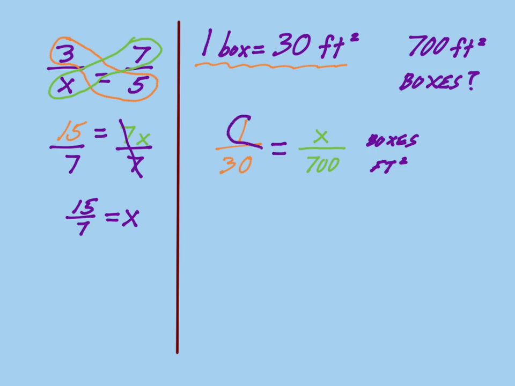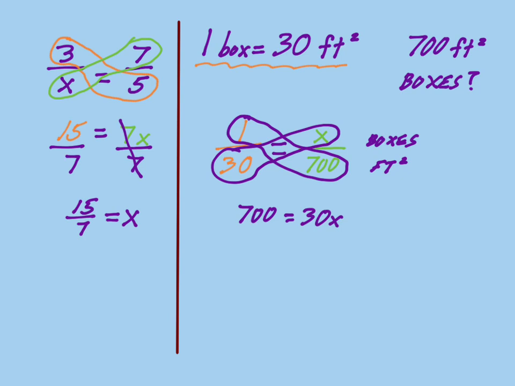Now if I cross multiply this, 700 times 1 is going to give us 700. And 30 times x is 30x. Now, to solve this, I'll have to divide by 30. And so x will equal, let's see, those zeros would go away, and it would turn out to be 70 divided by 3, that's the reduced fraction.